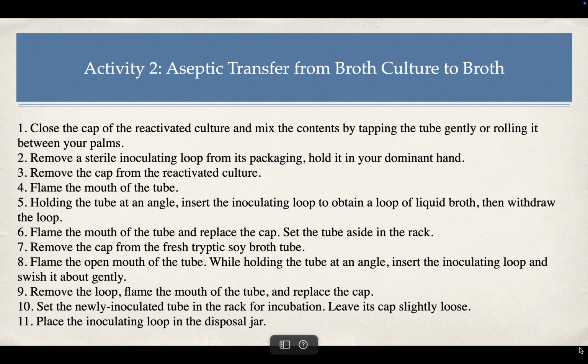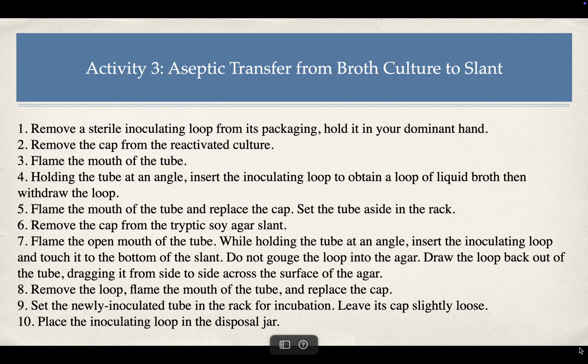Activity number 2 is aseptic transfer from broth culture to broth. Activity number 3 consists of aseptic transfer from broth culture to slant using aseptic technique.